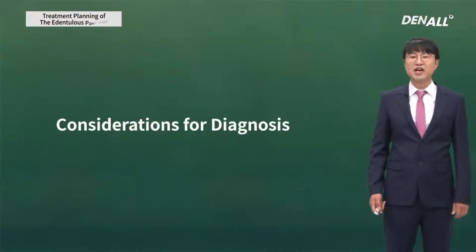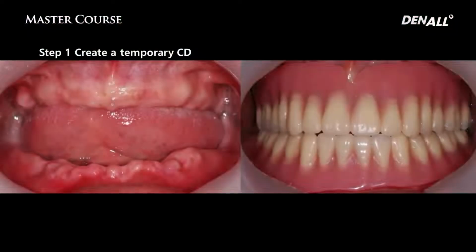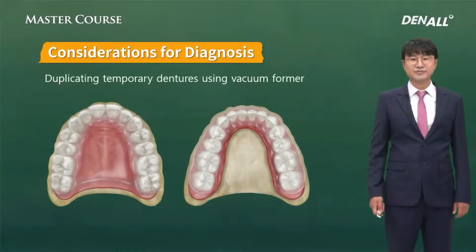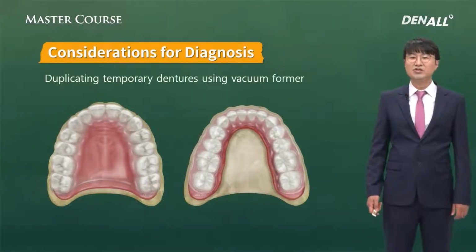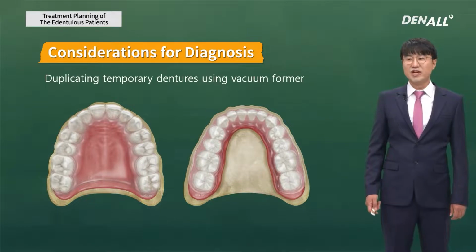First, let's look at considerations to be made for diagnosis. In order to analyze full arch or near edentulous cases, temporary denture fabrication is a must. So I make two models and I use one for fabricating provisional denture and another one is used for diagnosis.